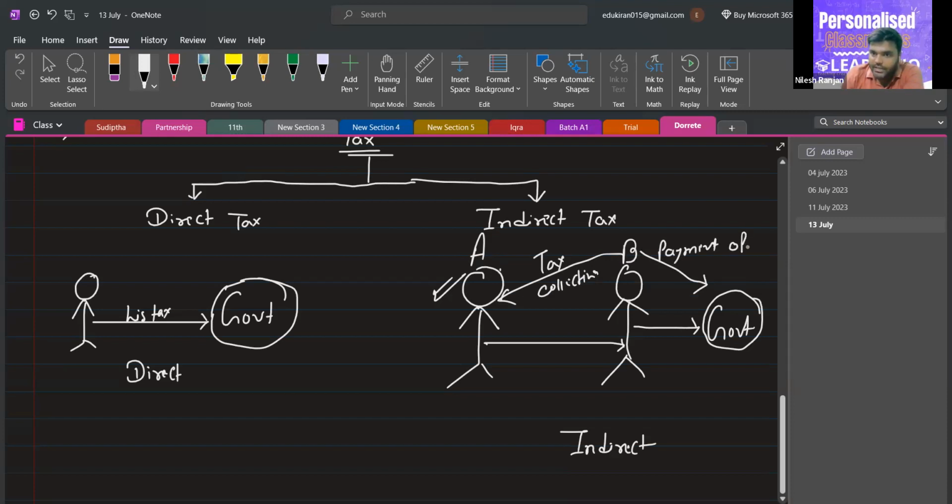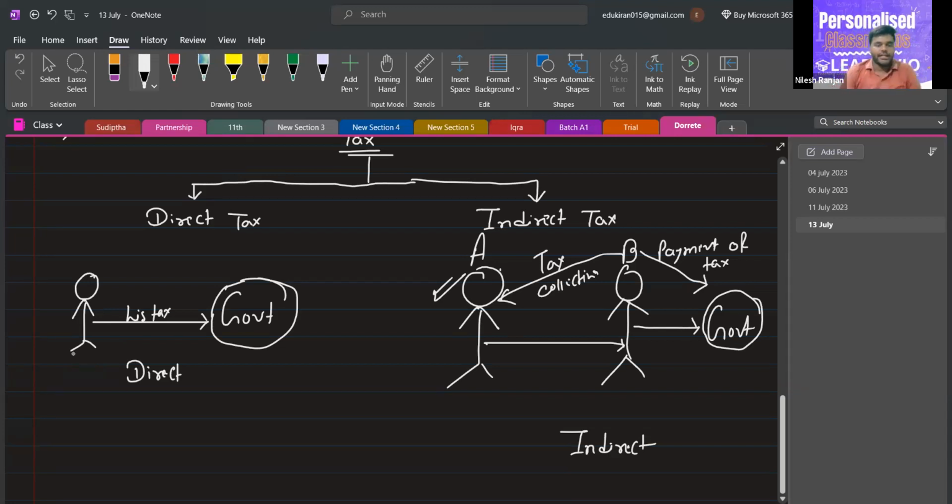So the tax implication is on one person and payment is done by another person. But in direct tax, the tax implication is on the same person and the tax is also paid by the same person to the government. So it is called direct tax.